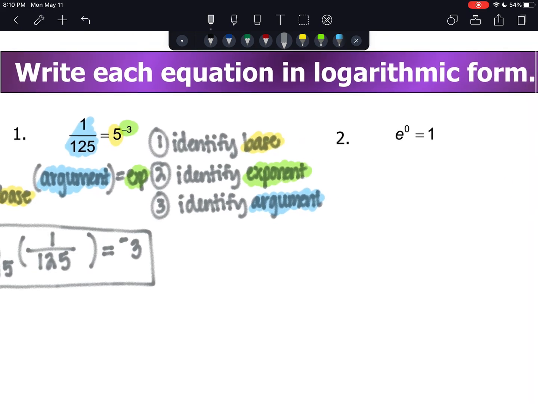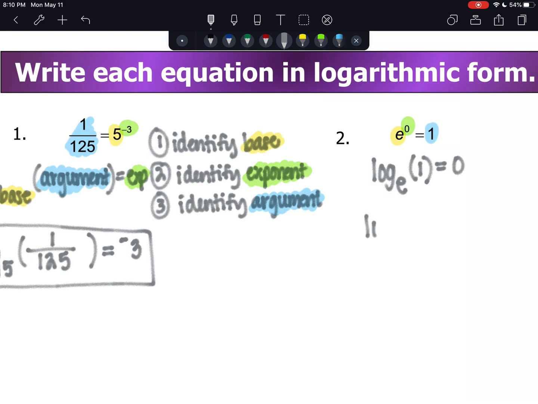Okay, let's try that again. We've got log, and then we've got our base. So here's our base. Our exponent is 0, and then our argument is 1. So log base e of the argument is equal to the exponent.